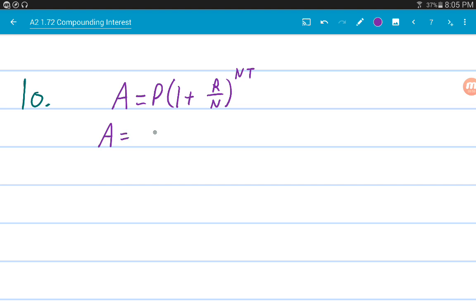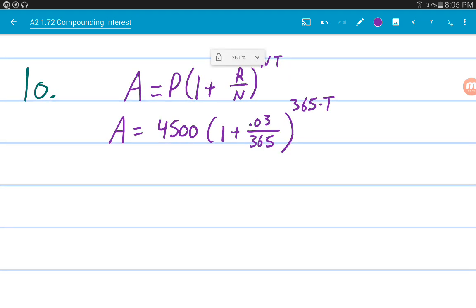We know that the principal is 4,500. 1 plus, we know that the rate is 0.03. We know that the number of times per year is 365. I know N, same number, 365, times T. All I've done is plug in so far.